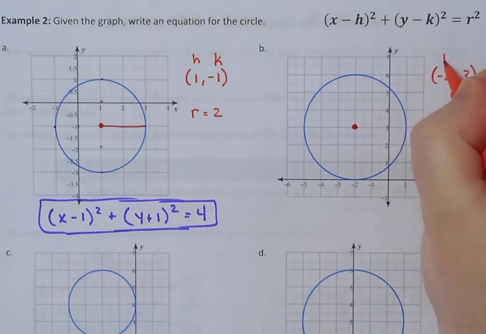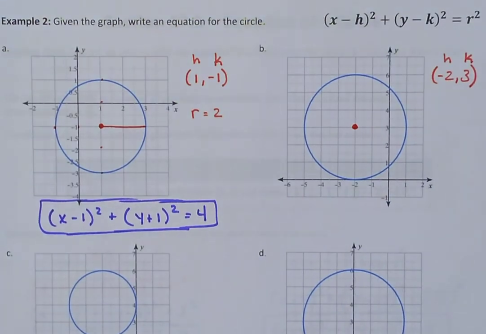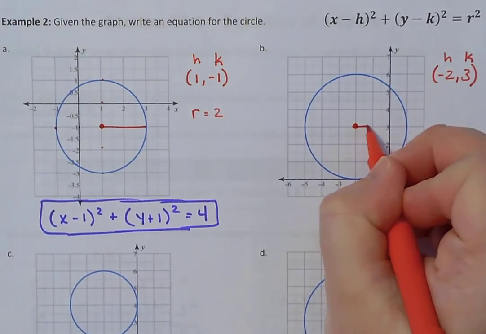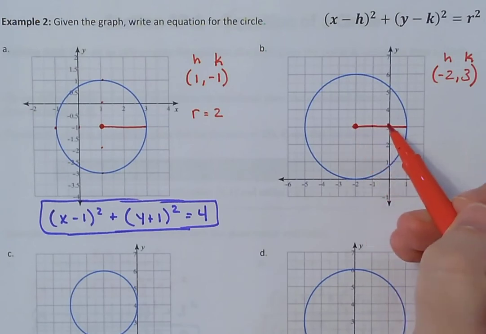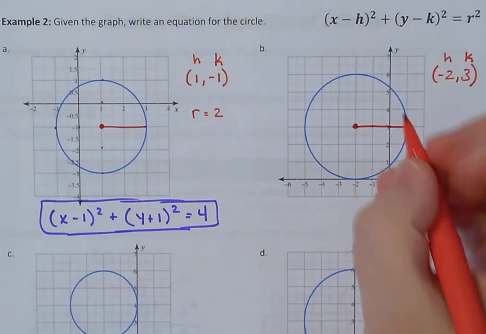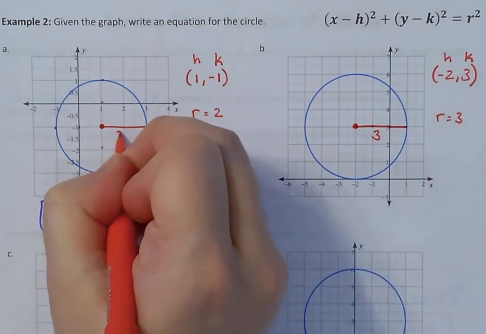So that is my h, and that is my k value. -2 for my h, 3 for my k. Now that I have my center, we just have to figure out what our radius is from the center to the edge of the circle. And that's going to be 1, 2, 3. So that means our radius is 3.